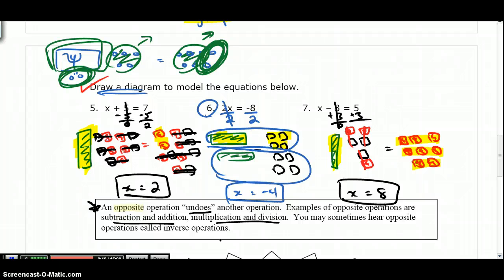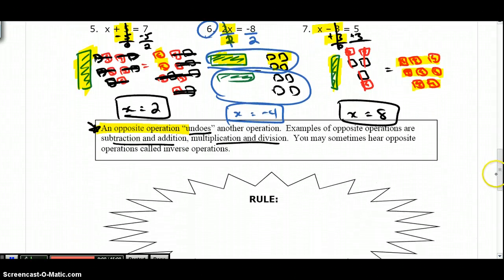But now if we look back at 5, 6, and 7, we had x plus 5, and we took away the 5 to get x by itself. We had 2 times x, and we divided by 2 to get x by itself. We had x minus 3, and we added 3 to get x by itself. So in each case, we're using opposite operations to get x by itself. And that's our rule.